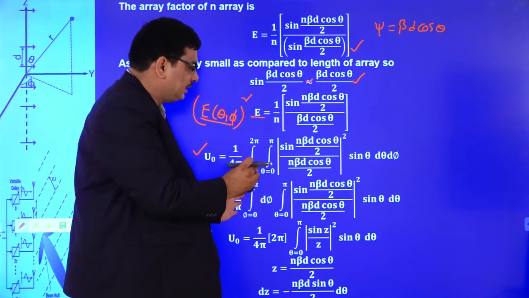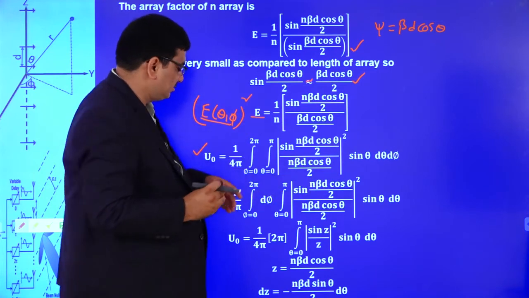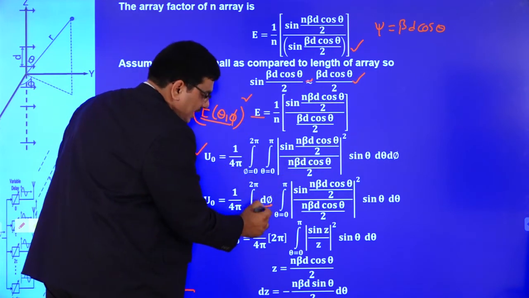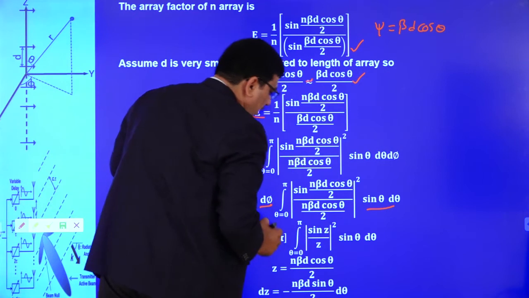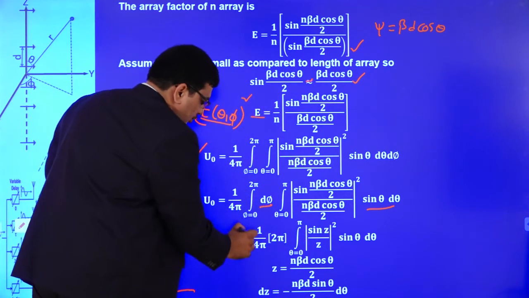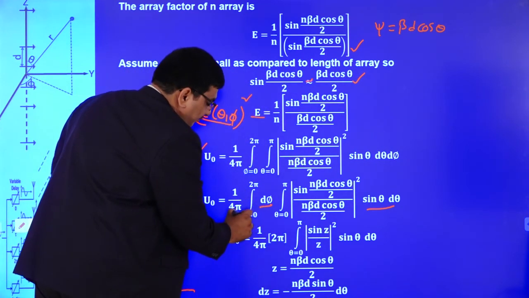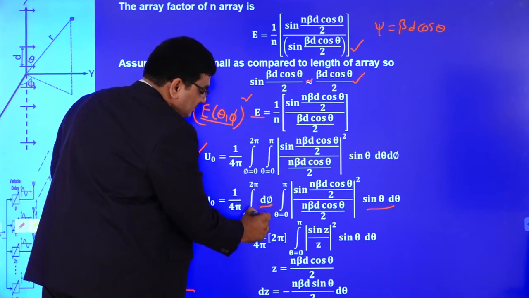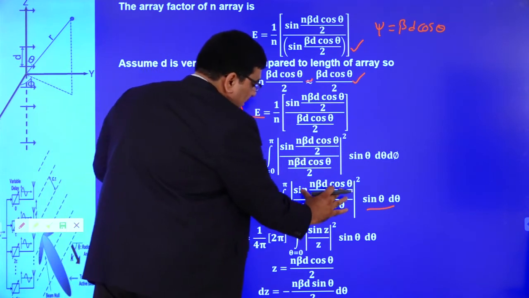So you separate the terms: this belongs to phi and this belongs to theta, and from this you get 1 by 4 pi into the integral of phi from 0 to 2 pi d phi, which is equal to 2 pi, into this whole term.